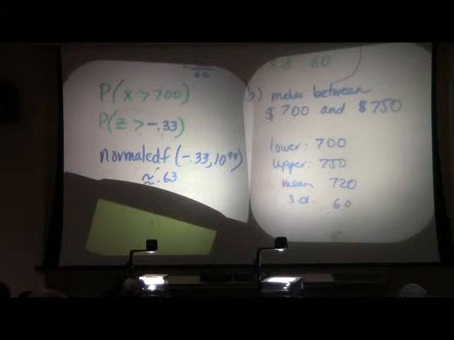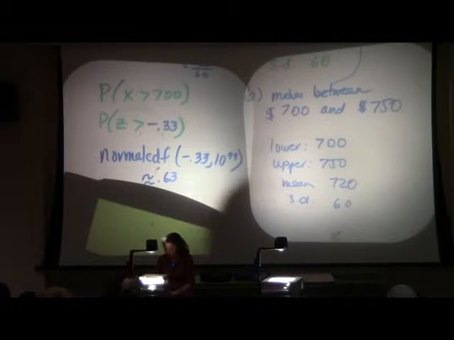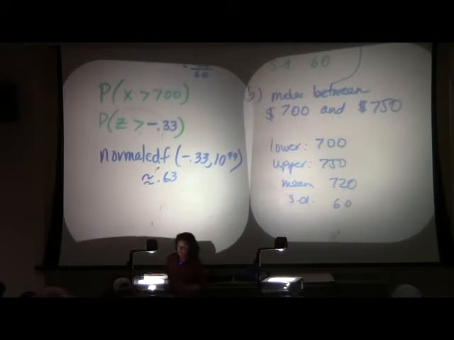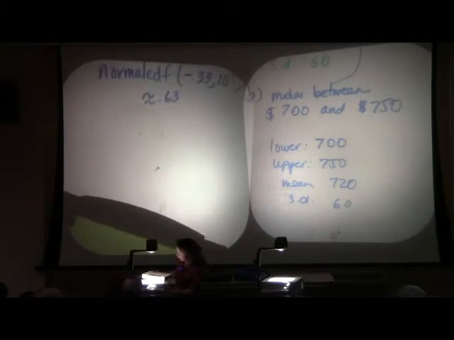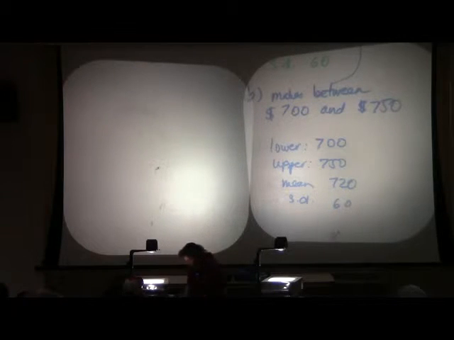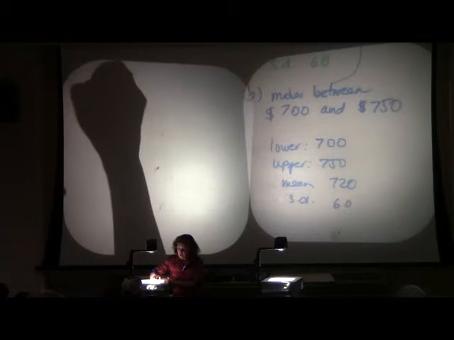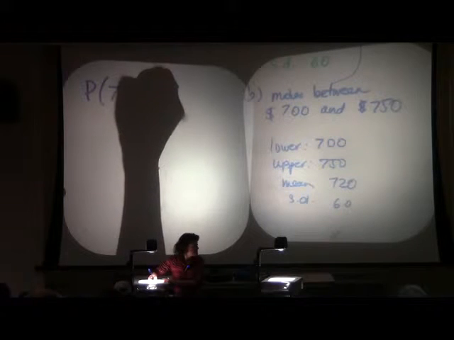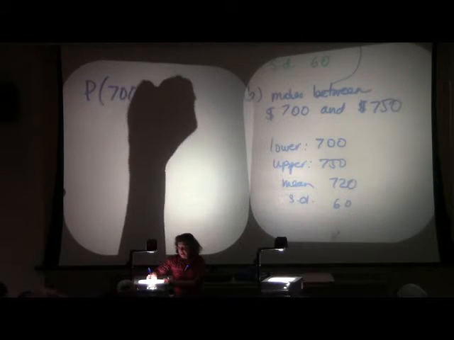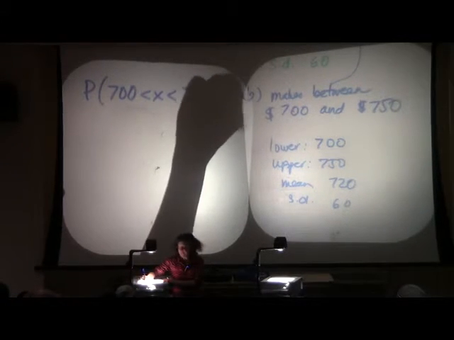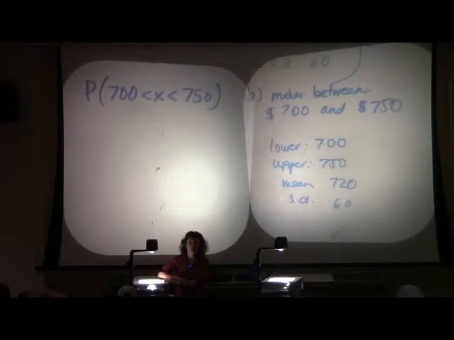All right. So, if you have the nice calculator that when you hit normal CDF, it comes up that way, cool. Now, for those of us who don't have it, do you guys agree that what we're wanting to find is the probability that x is between 700 and 750? Yes?